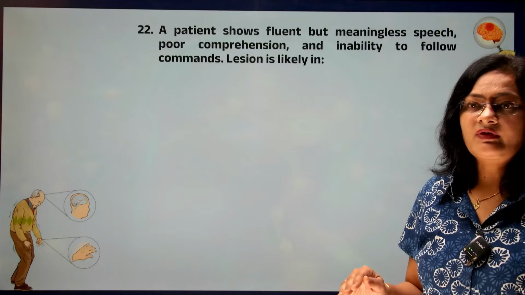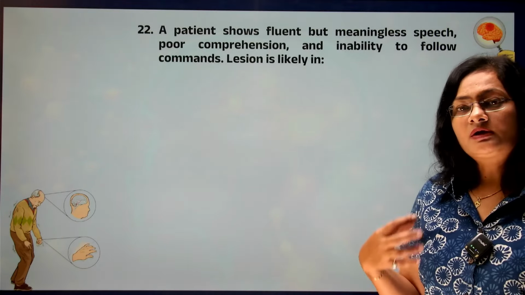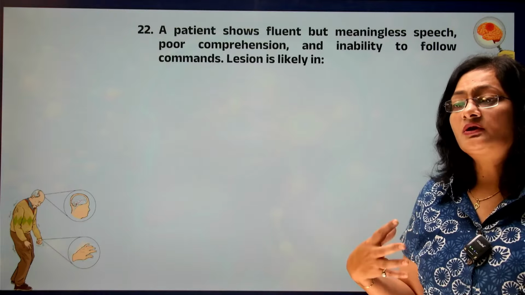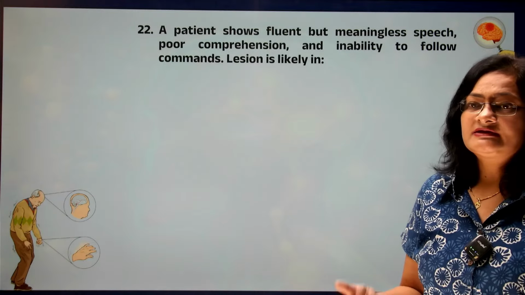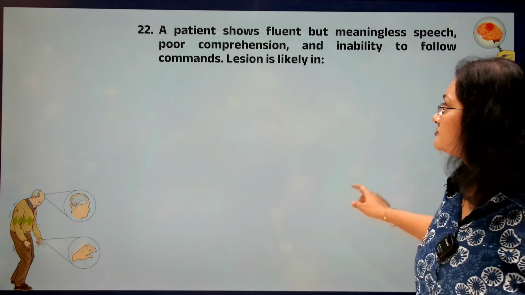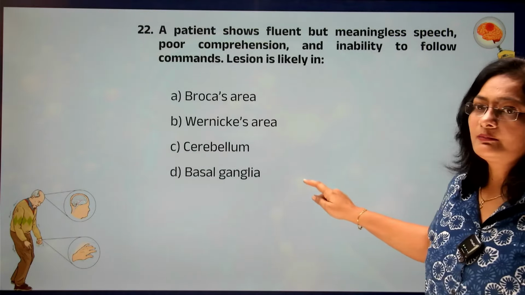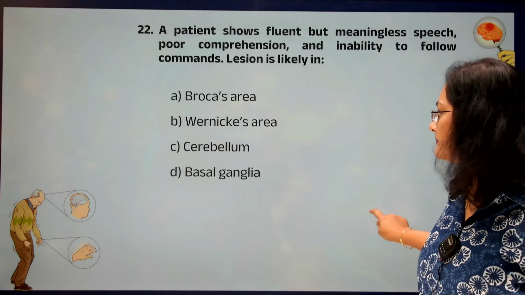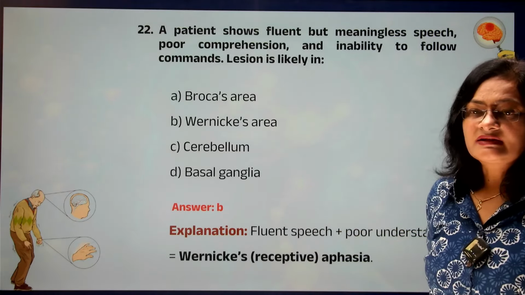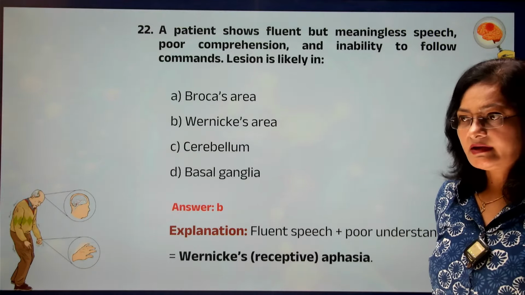Comprehension is also affected and patient is not perceiving anything. So that is Wernicke's aphasia or receptive aphasia. So lesion is likely in the Broca's area, Wernicke's area, cerebellum or basal ganglia. So answer will be the Wernicke's area.